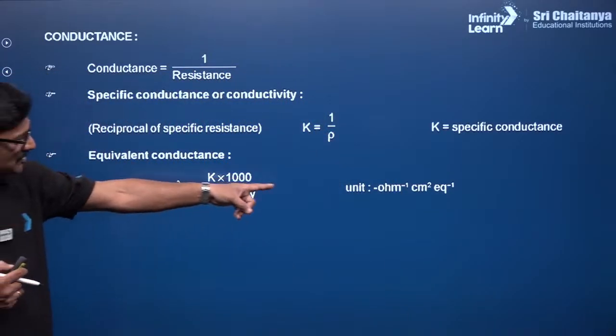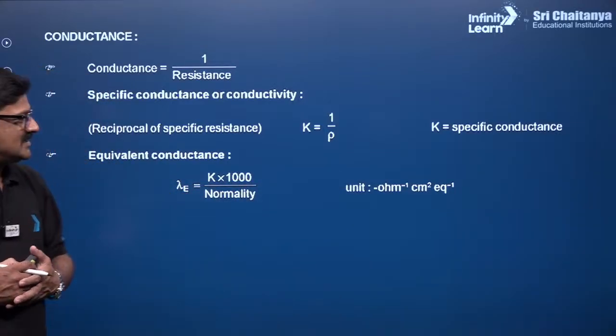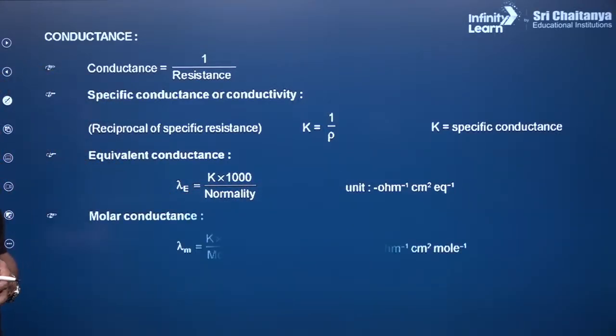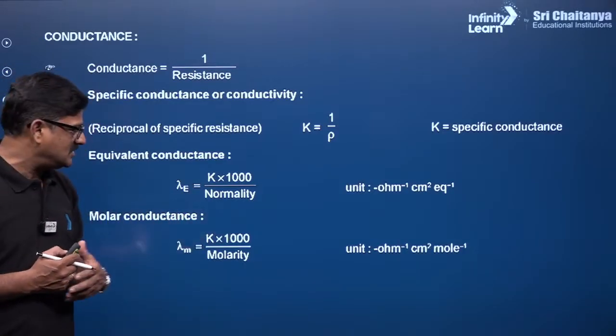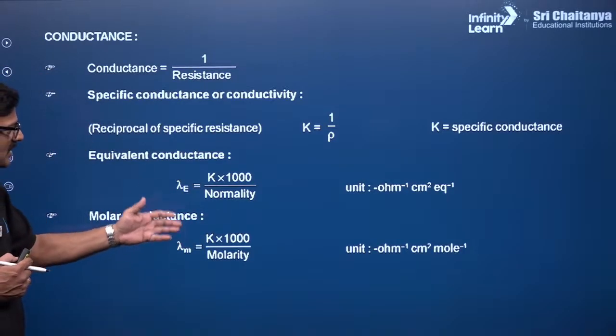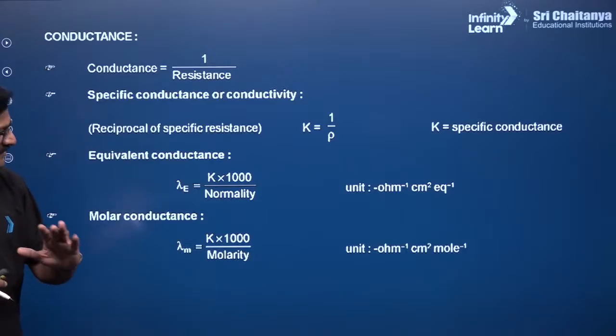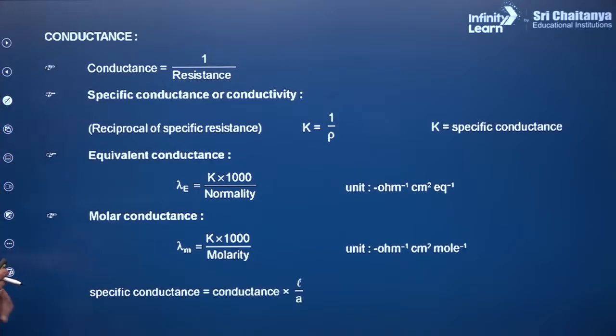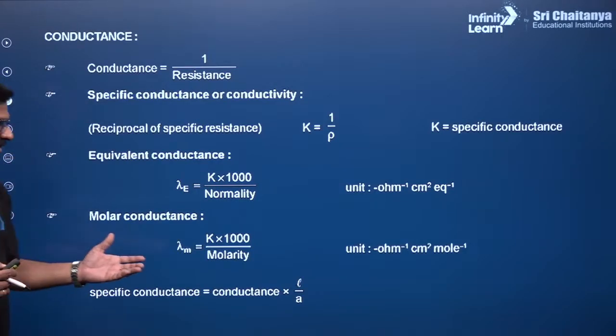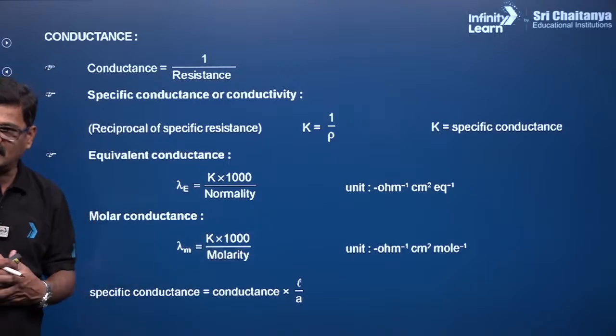And see the units also, ohm inverse centimeter square equivalent inverse, and molar conductance is K into 1000 by molarity. If you take the molarity and normality, this makes the difference. And also specific conductance is equal to conductance into l by A, the cell constant.